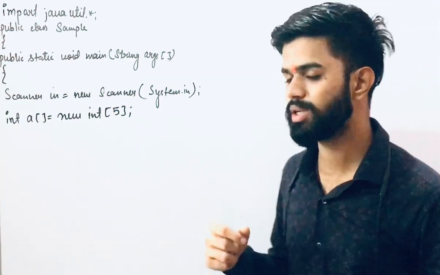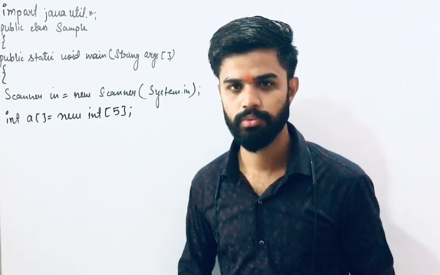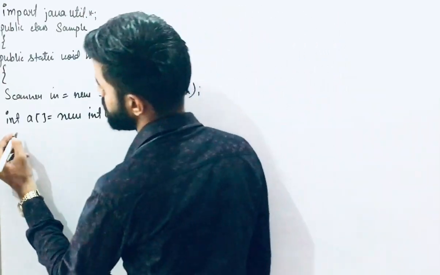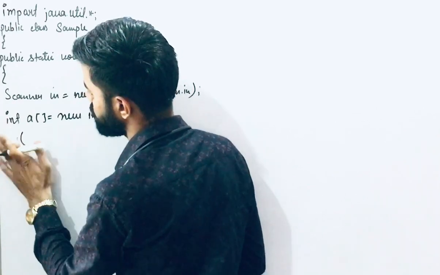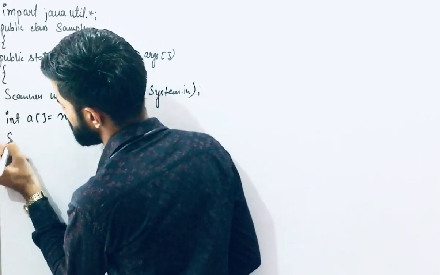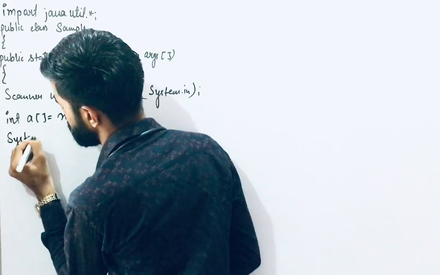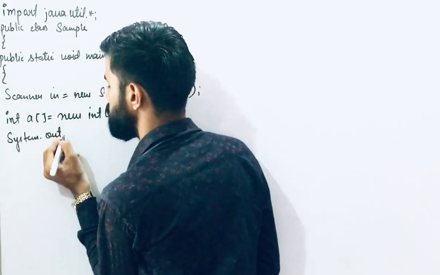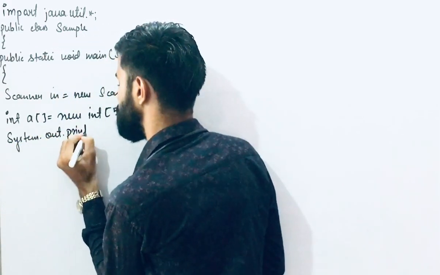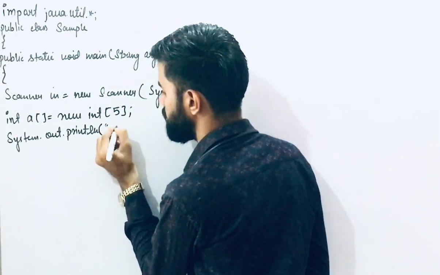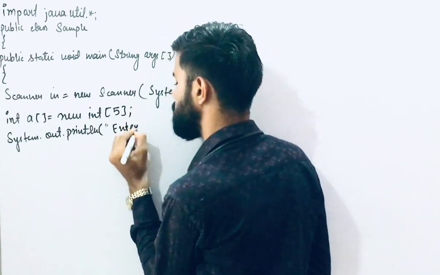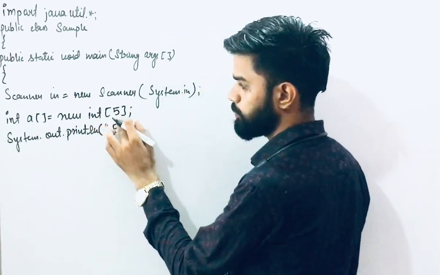First of all we initialize some array values. Before writing for, we can also write System.out.println("Enter 5 values or elements").